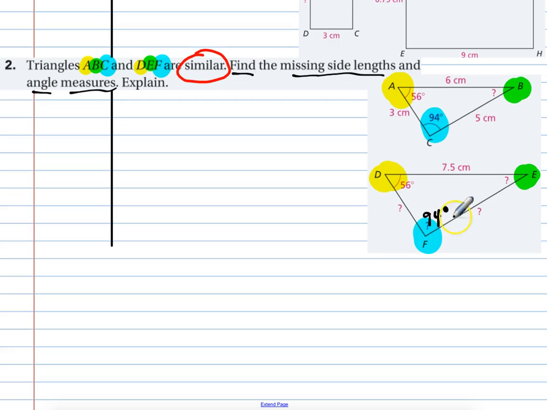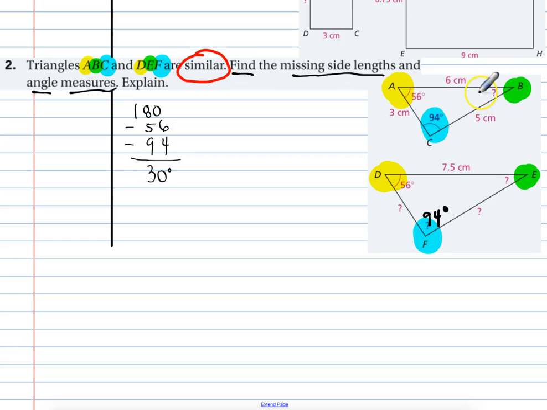94 degrees. If we know that's 94 degrees, we know our triangle sum theorem is that every triangle equals 180. So I can say 180 degrees minus 56 minus 94 leaves us with a grand total of 150 subtracted, so we have 30 degrees left.